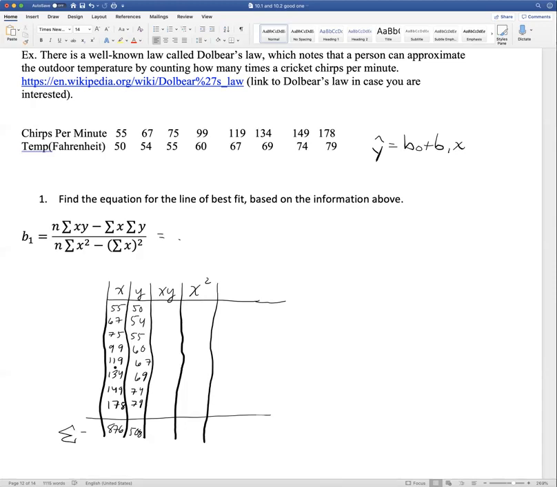Okay, so the next column is going to be xy. We're just going to multiply the coordinates together, multiply these two together and record it over here.